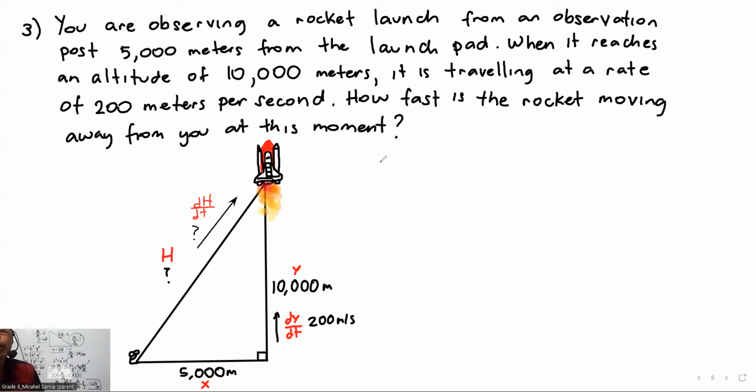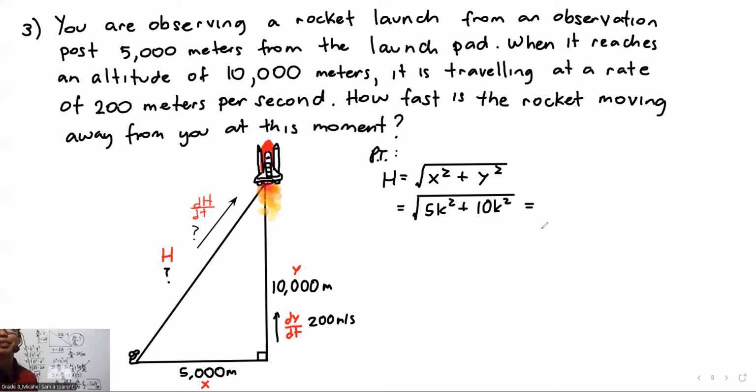So we can solve for H: the square root of 5,000 squared plus 10,000 squared, which is approximately 11,000 meters.